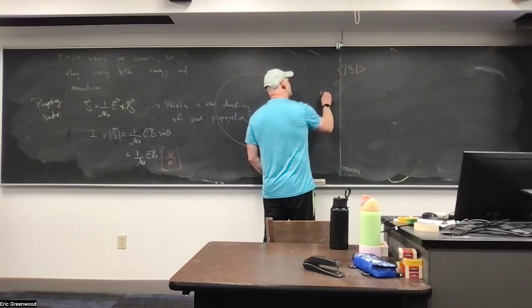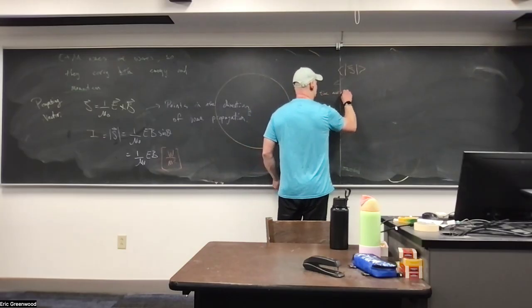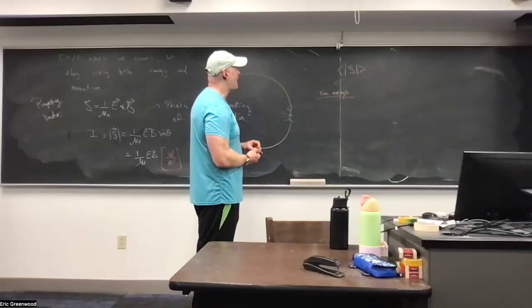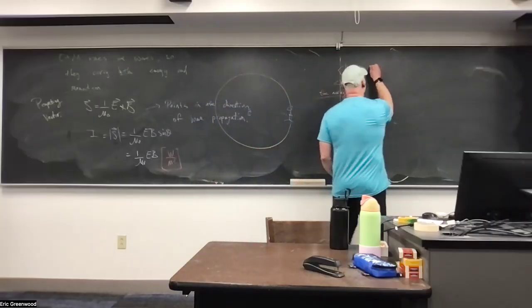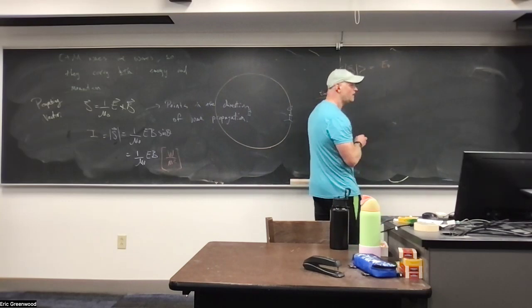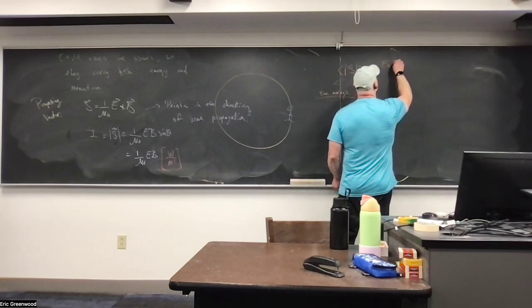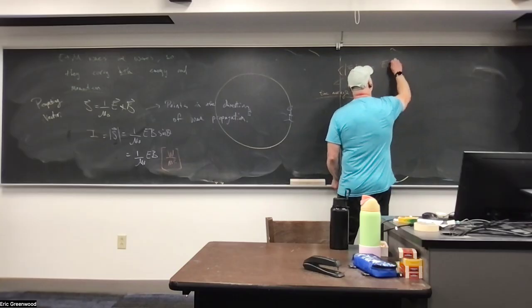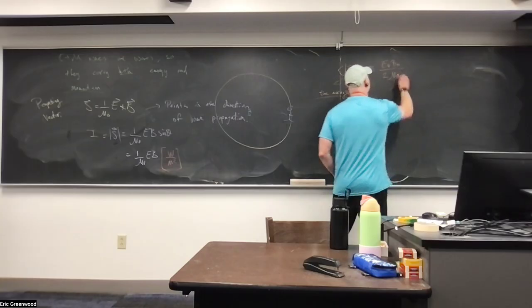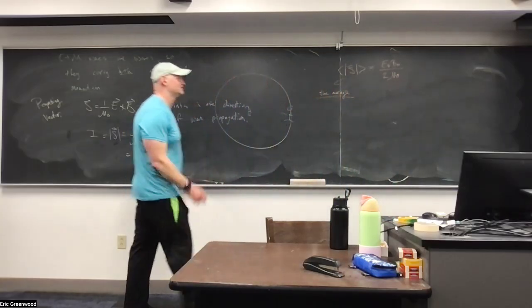So when I write it this way, this is a time average. Okay. So let's talk about time averages. In this case, this is equal to the amplitude of the electric field times the amplitude of the magnetic field divided by 2 times mu naught.